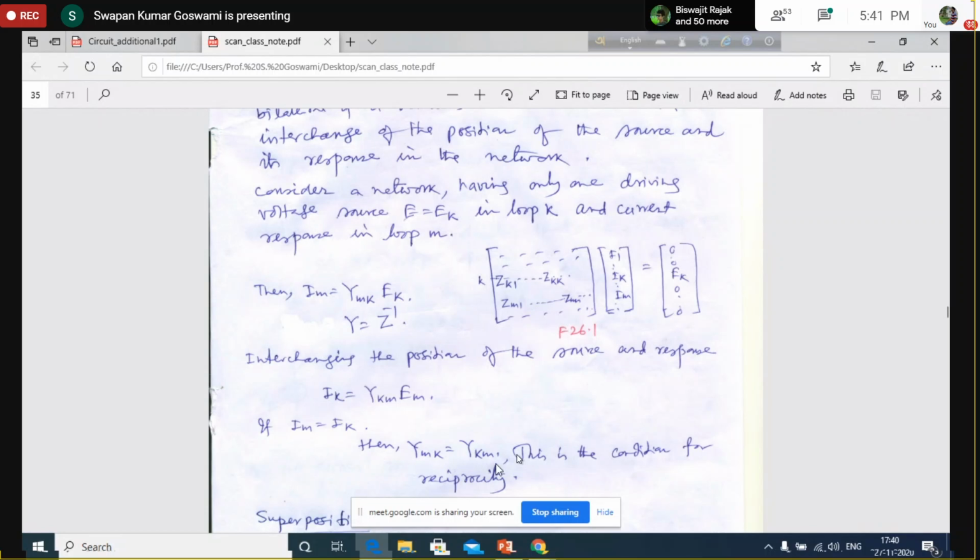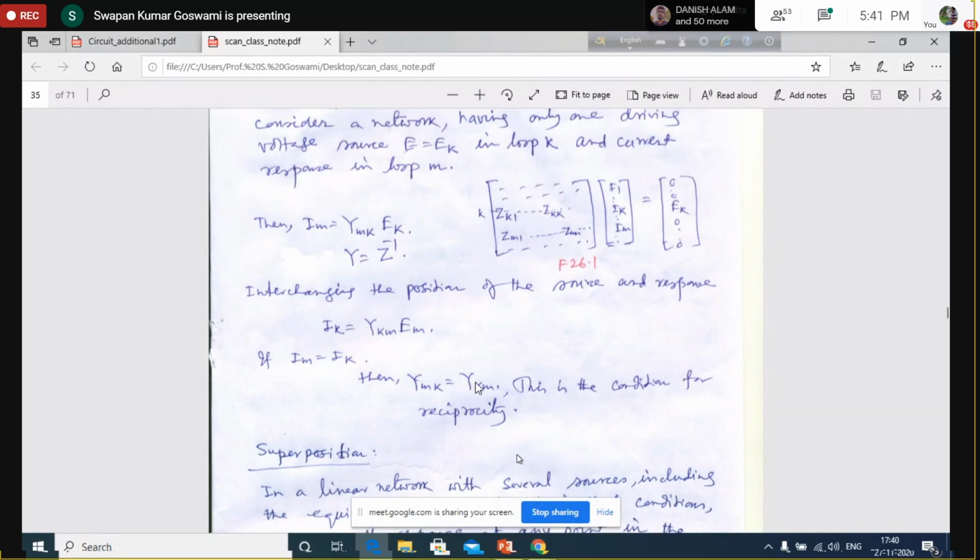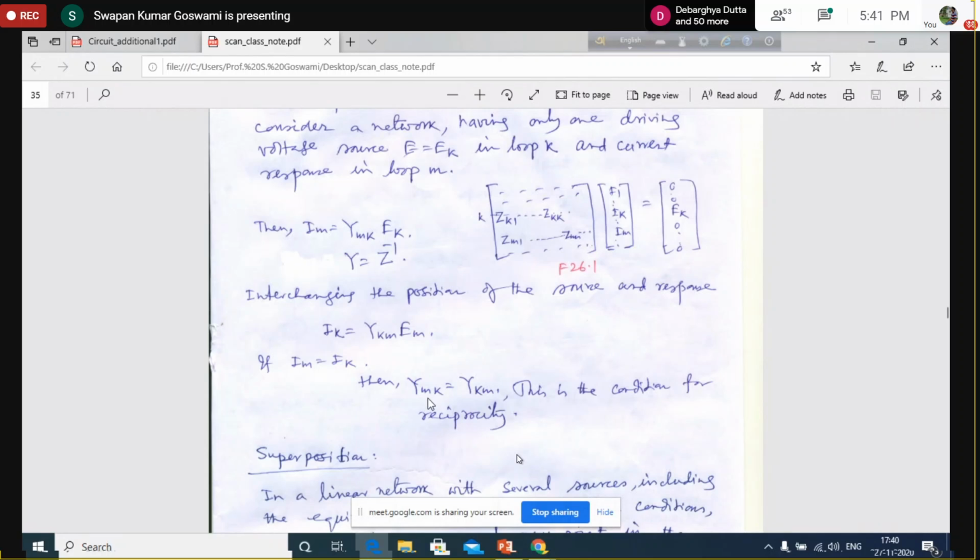Ymk equal to Ykm. That means in a reciprocal network, a network that follows the reciprocity theorem, the admittance matrix will be symmetric. In the admittance matrix, Ymk is equal to Ykm. It indicates that the admittance matrix is symmetric. Is it clear?